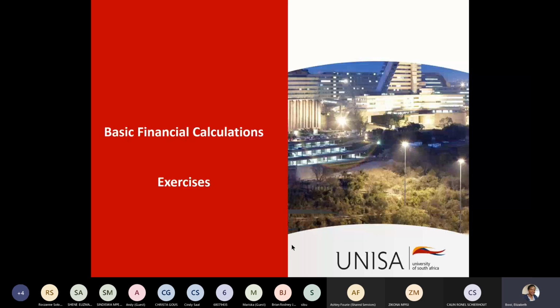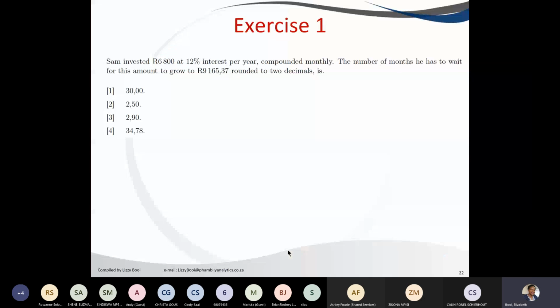These are some of the type of exercises. We will do them again on Friday. So we will use this as our exercise on Friday. So yeah, they give you that he invested, our present value, interest, compounding periods is monthly, how many number of months he has to wait. And this is also one of those scenarios because they are looking for the number of months. It means the T you calculate will be the T that they are looking for.